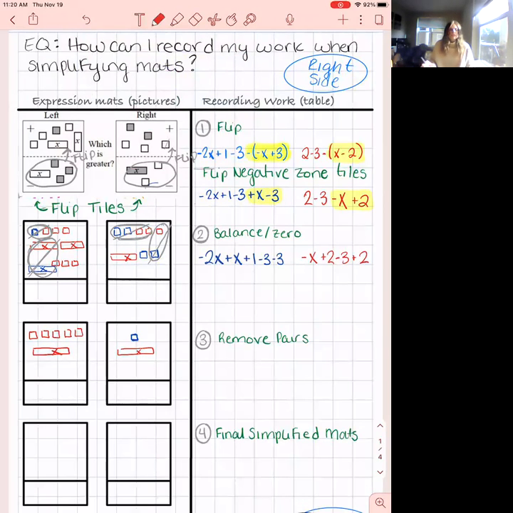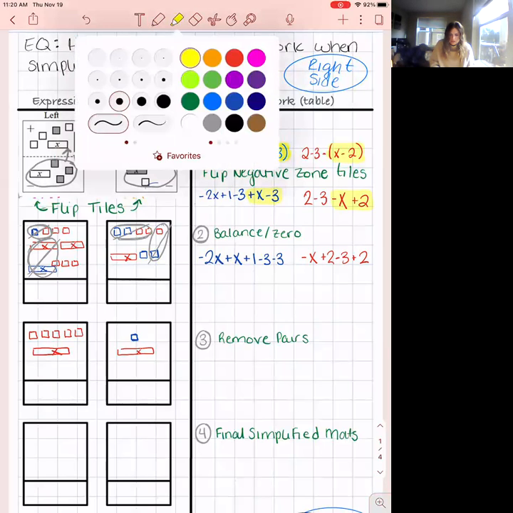All right, here's the part where I told you combining like terms isn't going anywhere. When we create zeros on a mat, all we're really doing is combining like terms. So let's use our highlighting colors to combine some like terms. Orange is fine.